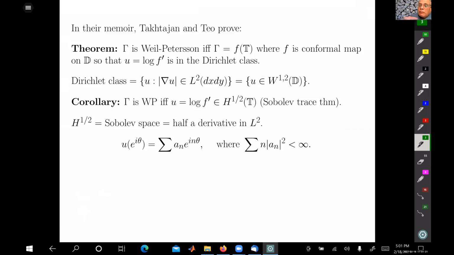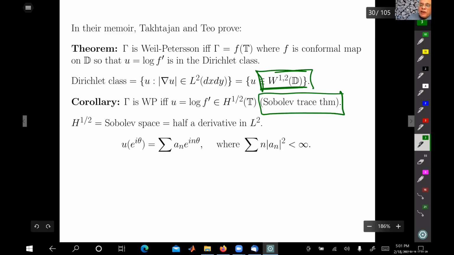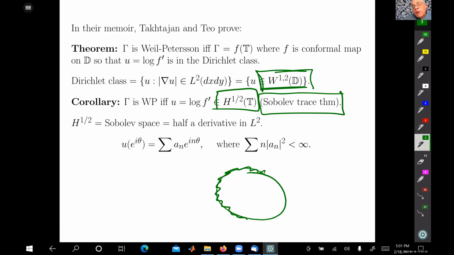Now, if you know about the Sobolev space W12 on the disk, you might know the Sobolev trace theorem, which says if you take something on the disk in this class and restrict it just to the boundary, you end up in a class called H1 half. These are things which have half a derivative in L2.